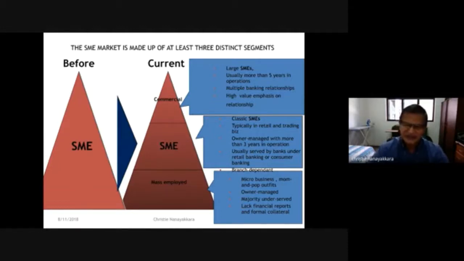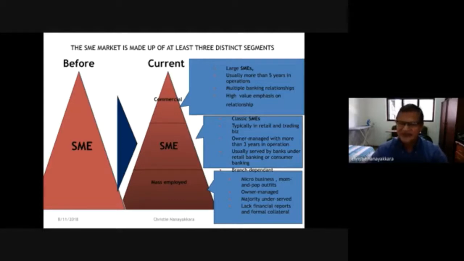So now this particular sector has evolved, because the olden day rural is now getting into a little bit urban, and so then evolves a classic SME. That means they are the real medium scale enterprises. Generally, they are in retail or trading business.